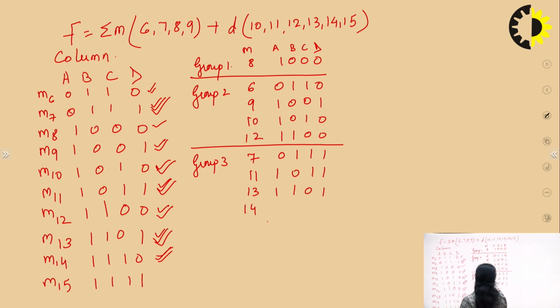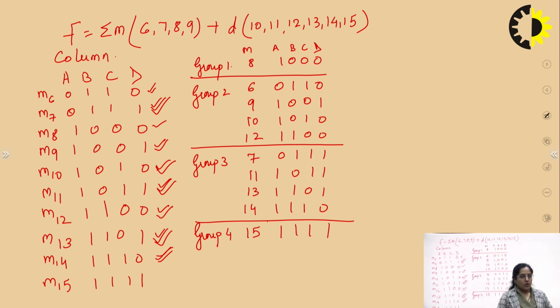Now maximums are covered, only one is left, that is 15, and we consider it in group 4 where we have all 4 ones. So now we will have column 1 where we have min terms like this.